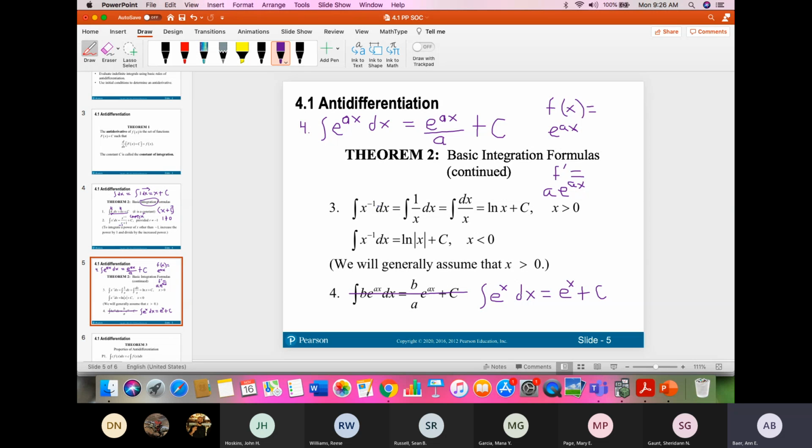This x to the -1, we could bring the x down to the denominator, and the only thing that's going to change is the sign on the exponent. So the integral of x to the -1 dx equals, all I'm doing here is algebra, using a property of exponents to bring this x to the -1 down to the denominator.